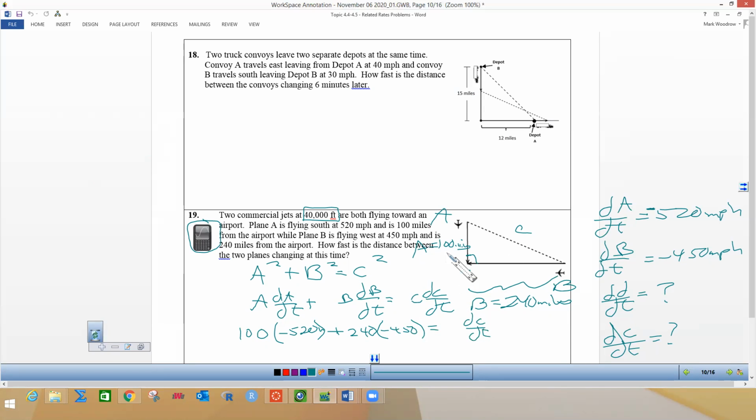How am I going to find C right at the moment this is 100 and 240? The same thing we did last time. We're going to do Pythagorean theorem. Somebody take your calculator and tell me what C is. 260. So then we're going to stick 260 in for that.